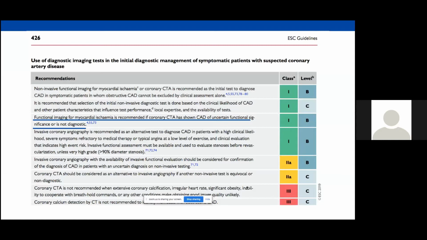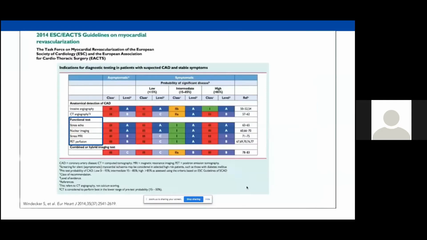So in such situations, functional imaging is recommended to add further information. This is something similar, but this one is from the myocardial revascularization guideline. We can see that all these functional tests, including MR, stress echo, nuclear SPECT, and PET perfusion, are all given class 1 indication in patients with intermediate pretest probability.